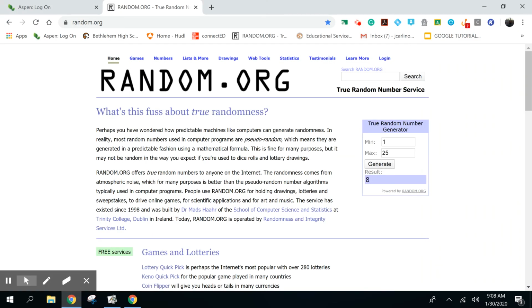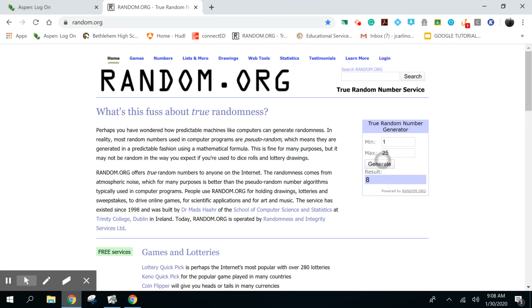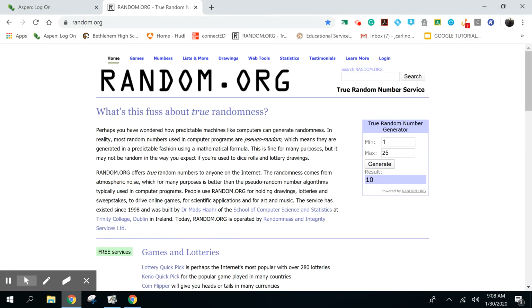Another pair. BC, GI, and by process of elimination, the last pair.